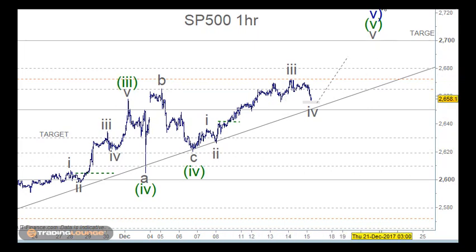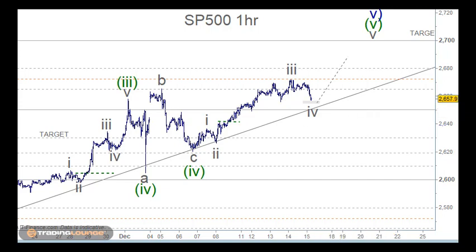We could have this top already in play, but we won't turn bearish until we see the 2650 area as the retested resistance. If you see that as a retested resistance, the same story here, then we'd turn bearish on all the markets at that point.